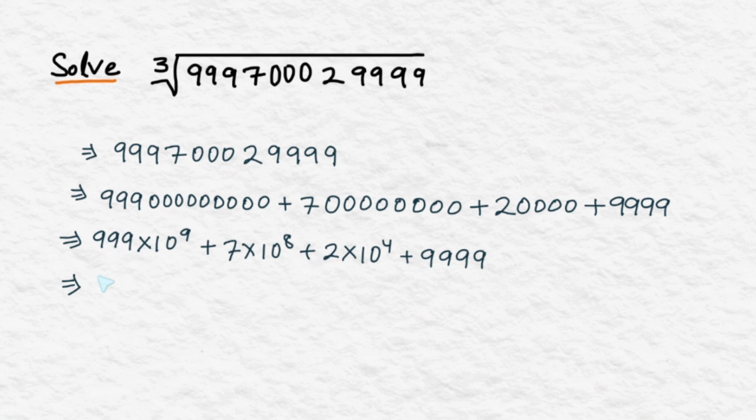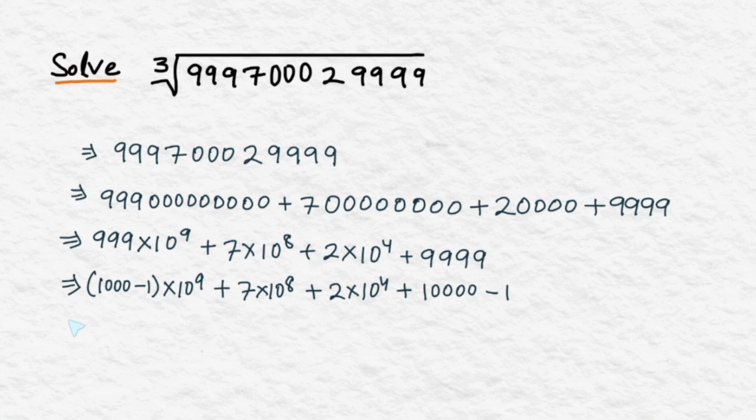Now we can write this 999 as 1000 minus 1, and then we can write 10 to the power 9 as it is. And we can write this 9999 as 10,000 minus 1.